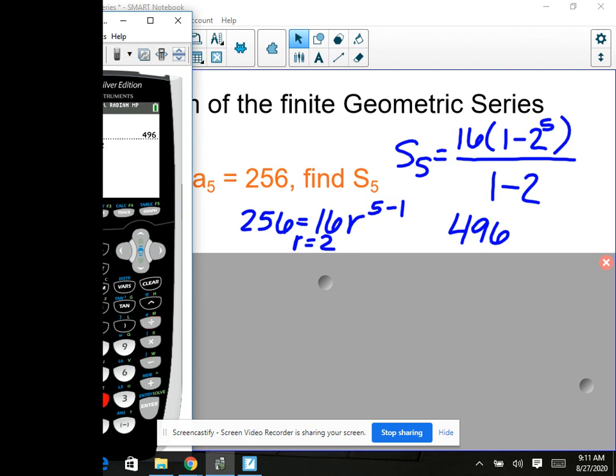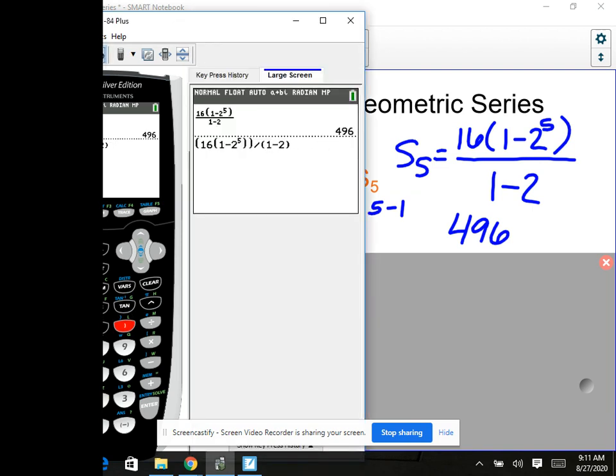You have to actually group those together so it knows, okay, this is my numerator, this is my denominator. If not, it's going to follow order of operations, and it's just going to start doing things and not in the correct order. So make sure that you're doing that accurately.